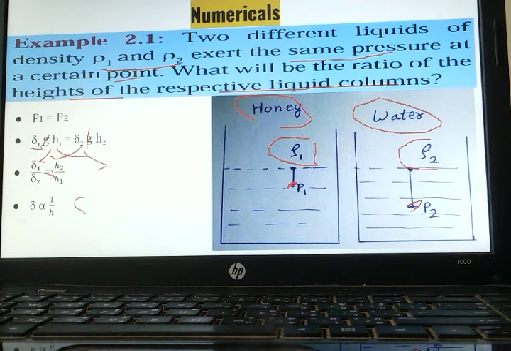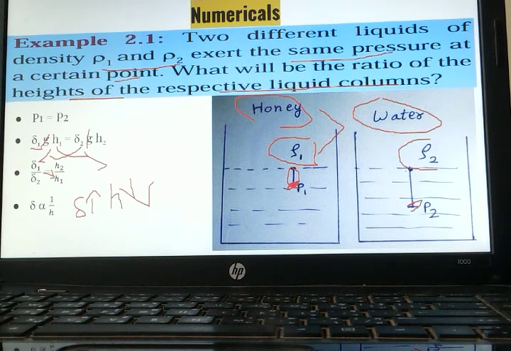What does it state to us? Whenever density is more, height is less. Try to understand: density of honey is more as compared to water. So it is exerting pressure at this height. But as the density of honey is more than that of water, it exerts the same pressure at a very short distance.